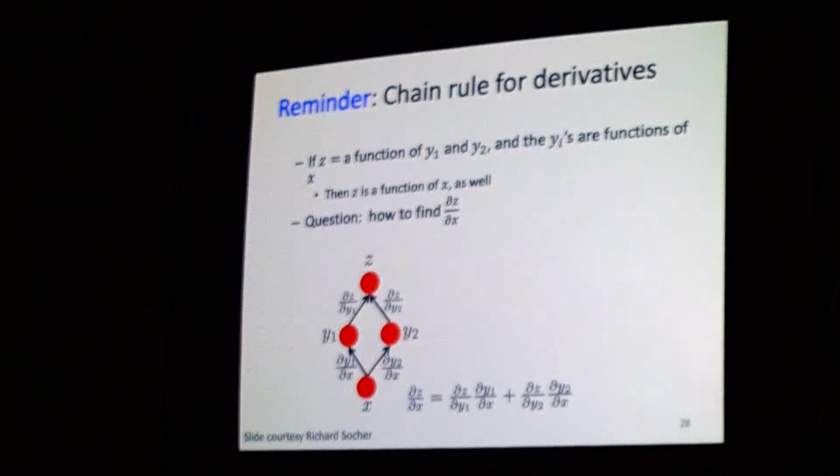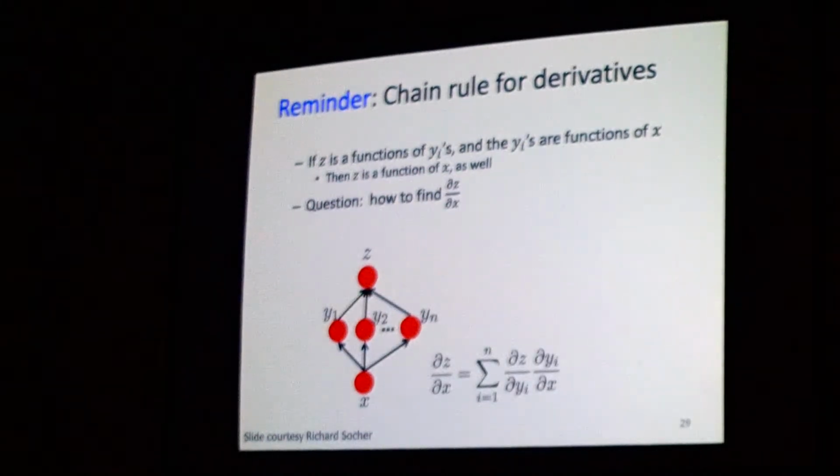Okay. So now, in general, assume that your z is a function of n variables, y1, y2 to yn, and each intermediate variable is also a function of x.